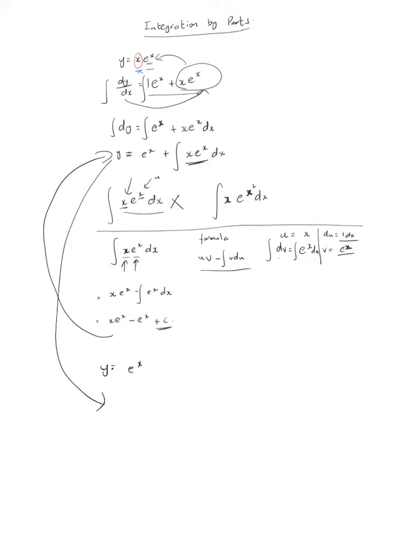So y is equal to e to the x plus the integral of x e to the x dx, right? Now we know we have integrated this. This becomes x e to the x minus e to the x plus c. So this and this cancel out.